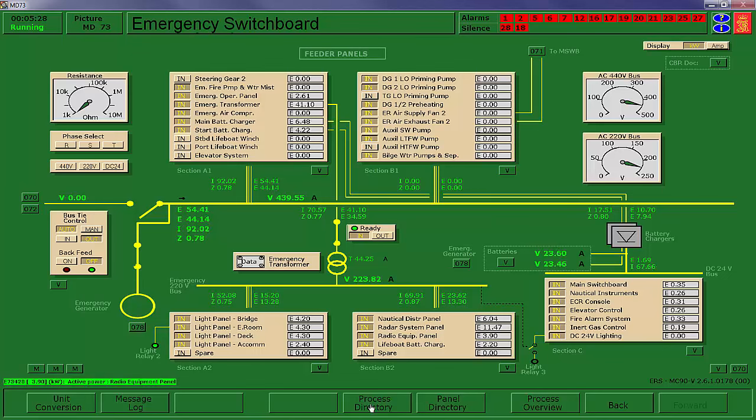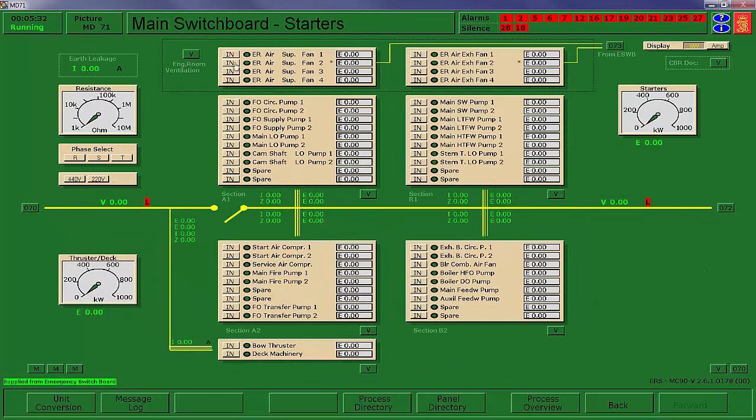All right, now that we've done that, we're going to go over to the main switchboard for a second and close these two circuit breakers off the main board, even though it's dead. It's a little bit strange, but the automation for this vessel is set up so that when you're normally out at sea, all your ventilation fans are supplied off the main switchboard.